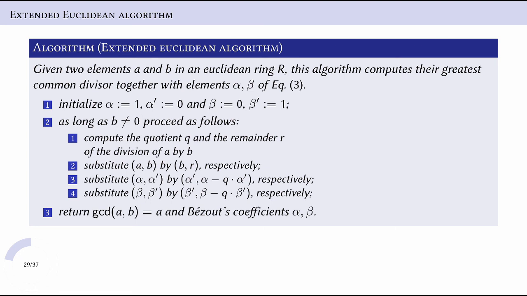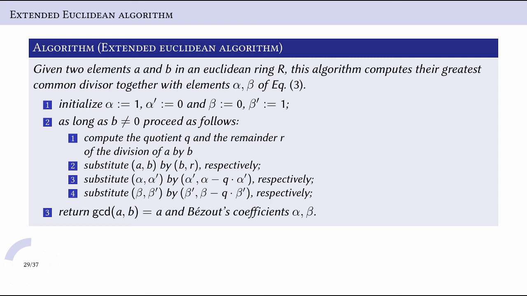It is called the extended Euclidean algorithm just because the standard algorithm is already here. If you look carefully, if we just omitted steps 3 and 4 inside the loop, what is left is just the standard Euclidean algorithm that we discussed a few minutes ago.